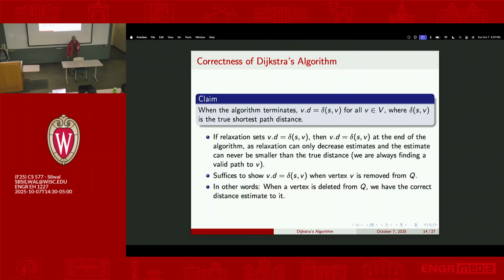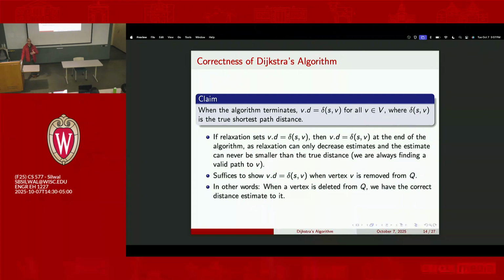Every time a vertex is removed from this priority queue, at that moment I found the right distance to that vertex, for that vertex only. I don't know about other vertices that have not been removed, but at the point where I remove a particular vertex, I'm done with that vertex.